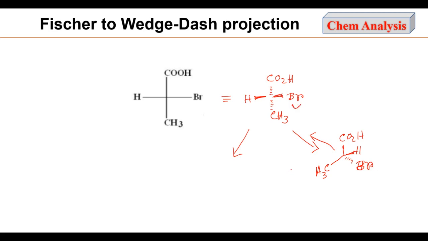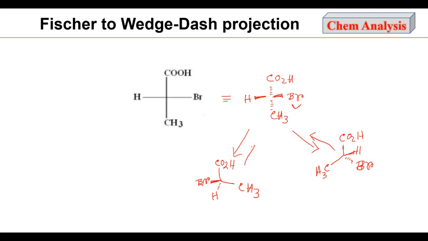Now similarly, if we orient this CO2H and methyl group in this orientation, that is, we can think of it like opposite of V-shaped, then the group which is on the right side will be above the plane, and the group which is on the left side will be below the plane.